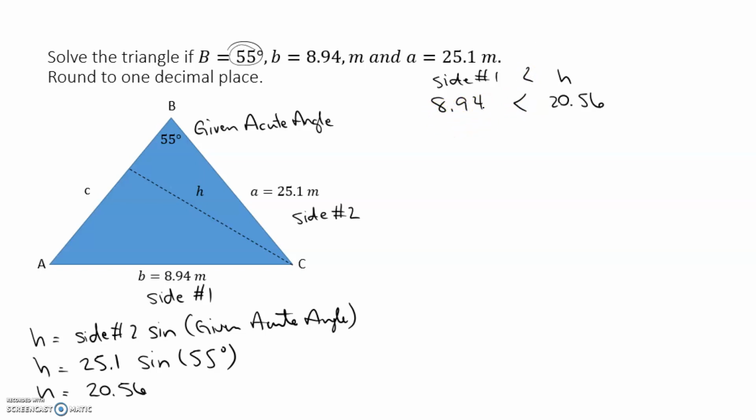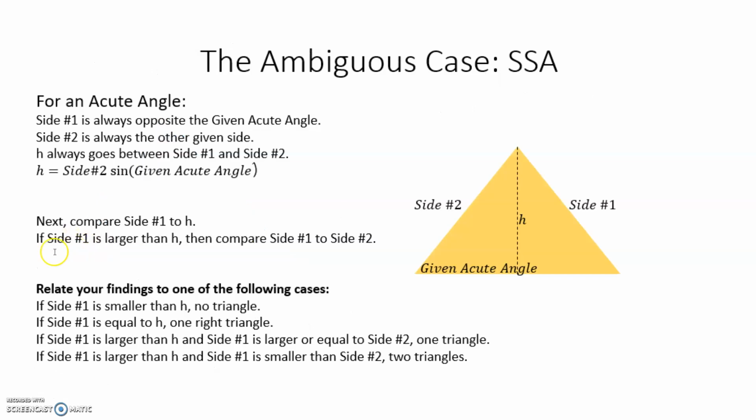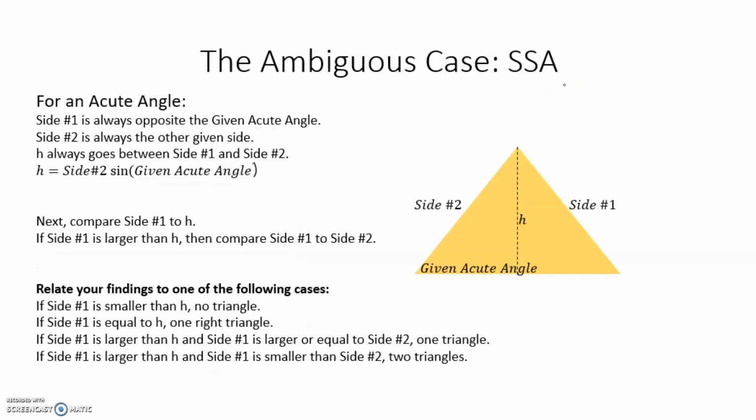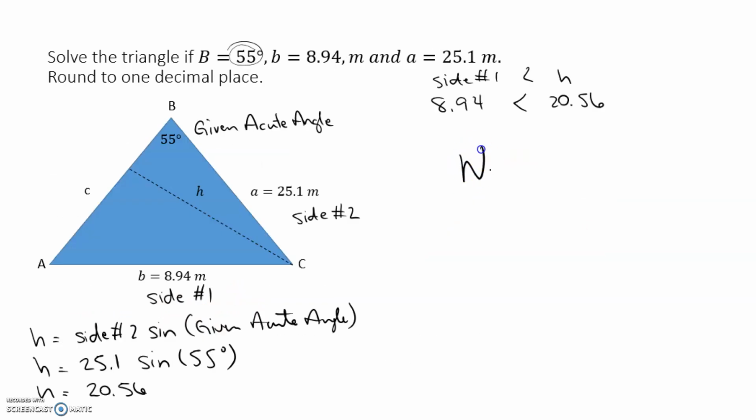So we go back. If side 1 is larger than H, and we just said, nope, it's not. Side 1 is less than H, so we're not going to compare side 1 to side 2. If side 1 is smaller than H, that's what we have right now, no triangle. So the answer to this one is no triangle. And that's it for that one.